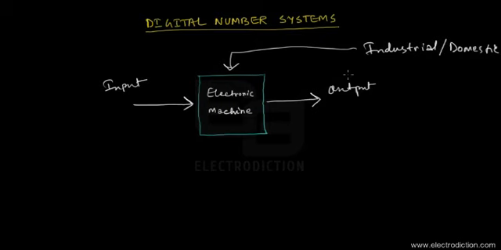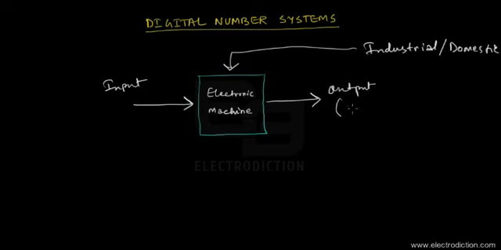This output could be used to drive other machines and control several other devices, or it could be a result of a calculation that we require, or some kind of control signal.